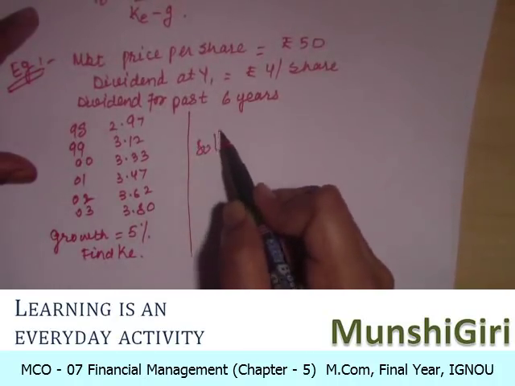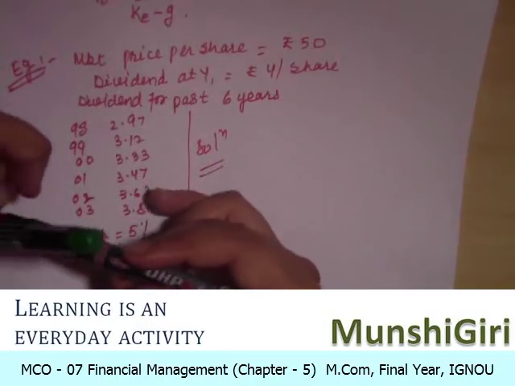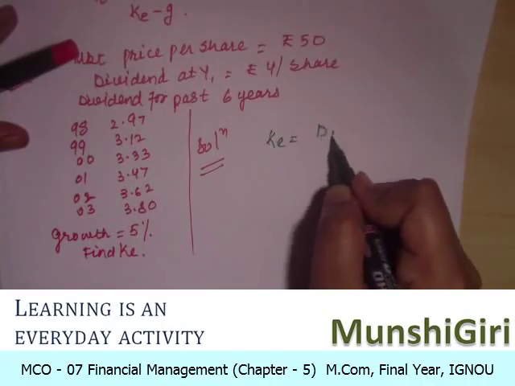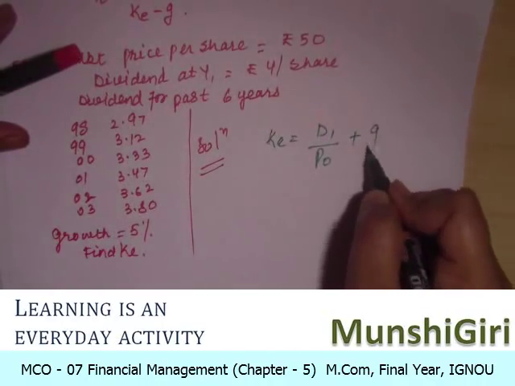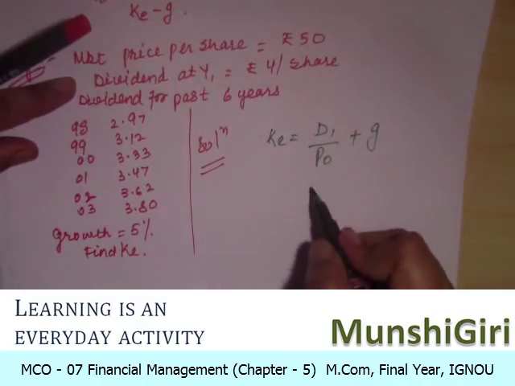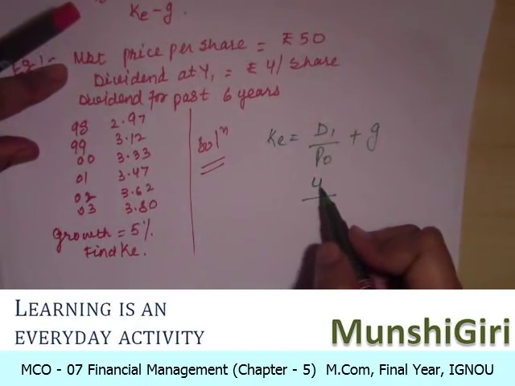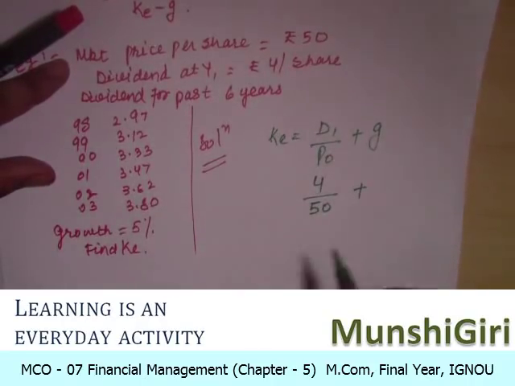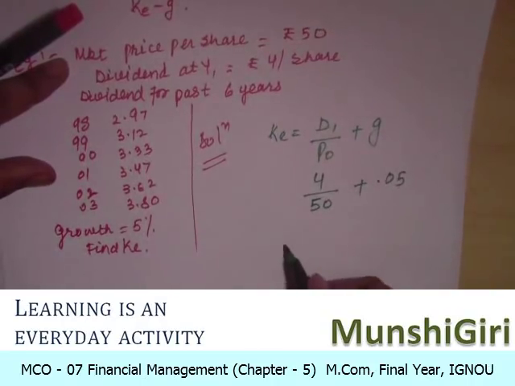Let's do the solution to this. Now we know that KE is equal to D1 upon P0 plus G. D1, dividend at year 1, is rupees 4 per share. P0 is market price per share, which is given in the question as 50, and G growth rate is 0.05.